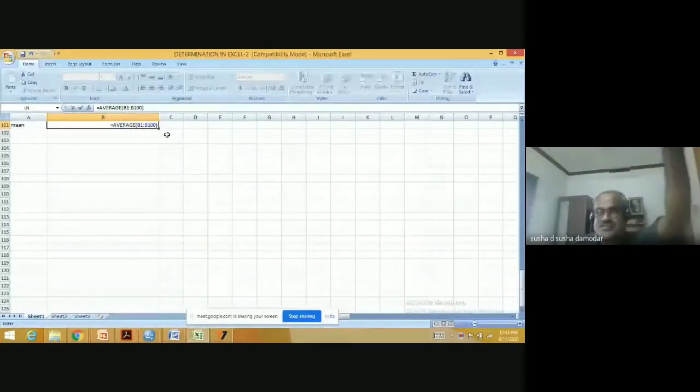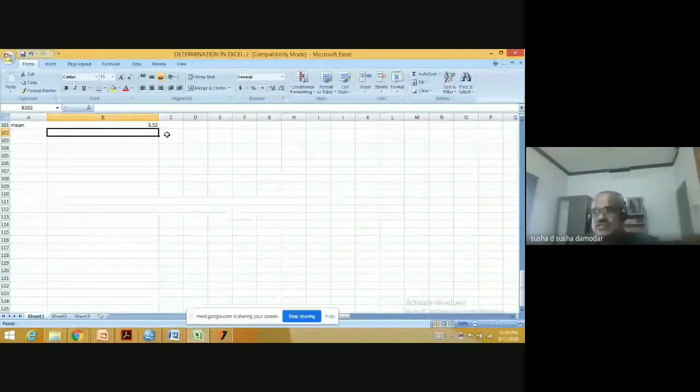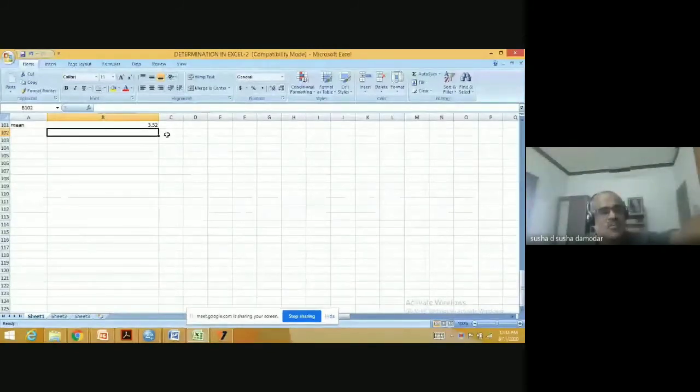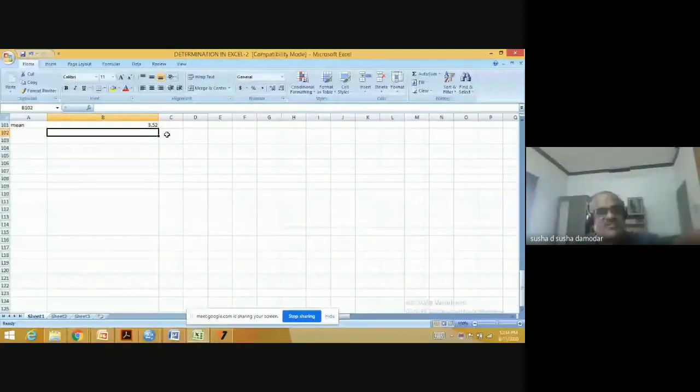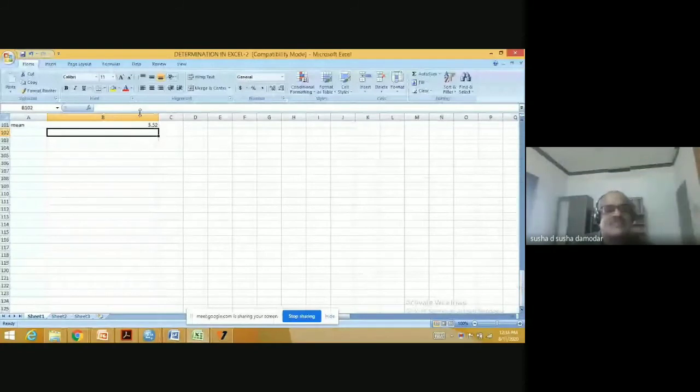Therefore, the value for the first column is 3.52. That means the mean value of the responses of all the 100 respondents against the first statement. And we will calculate the mean value of all the columns.